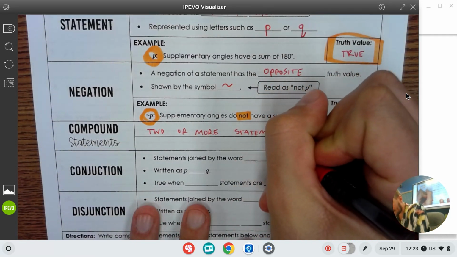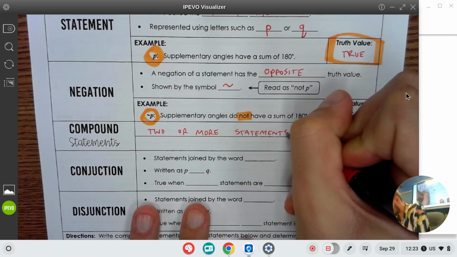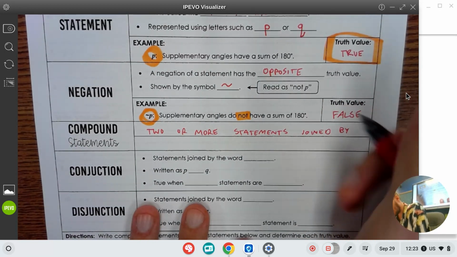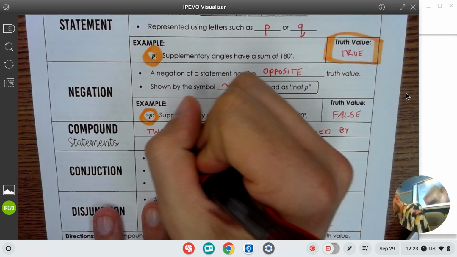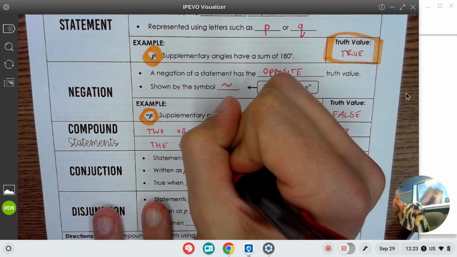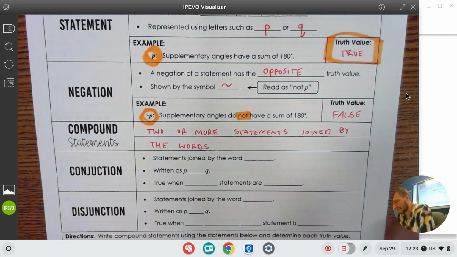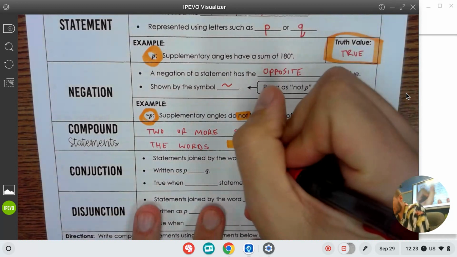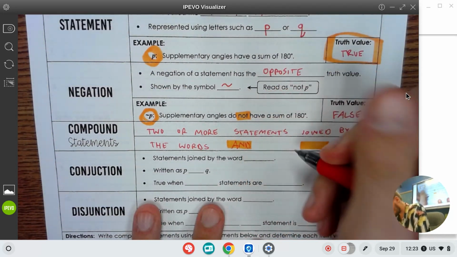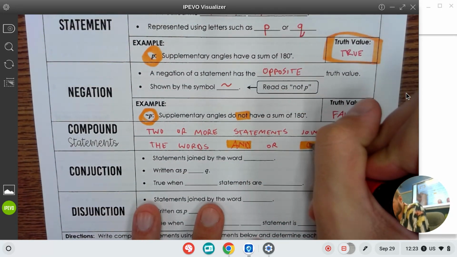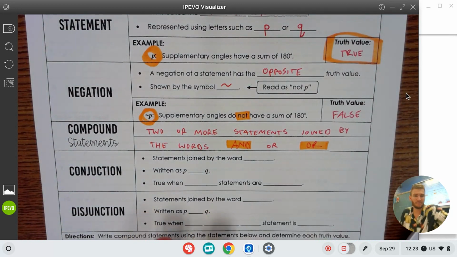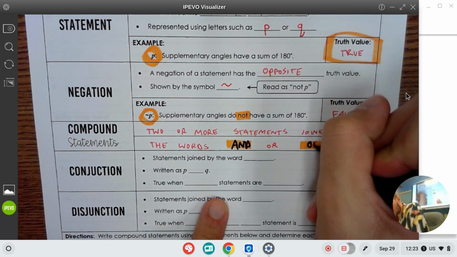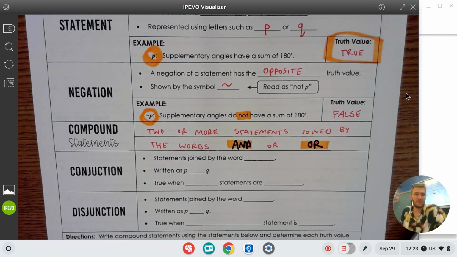Statements, and again, a statement is basically just a sentence, joined by the words, and here's our big ones today, and, or.